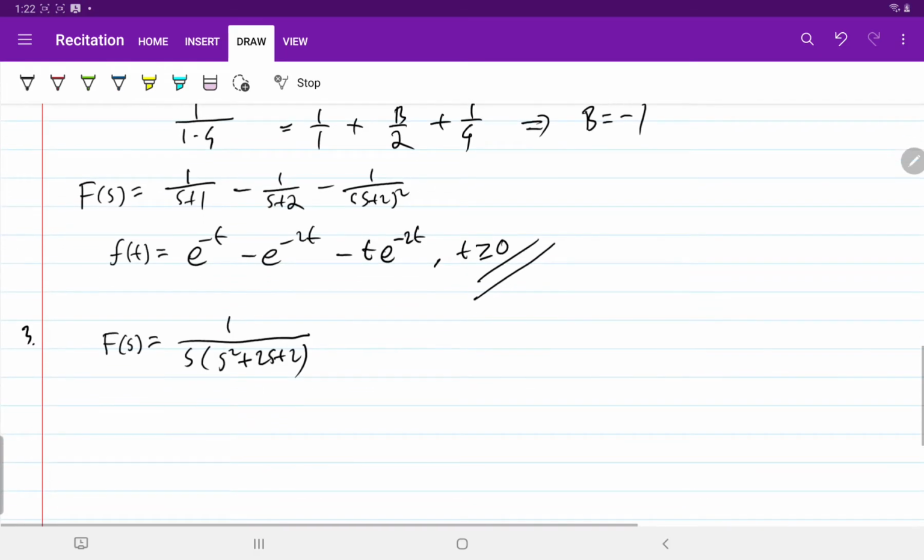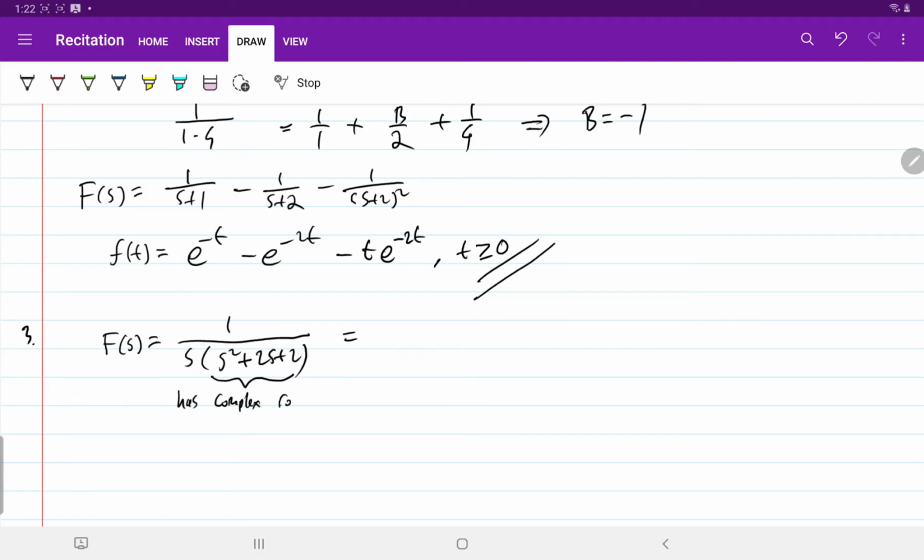For the partial fraction expansion, this term has complex roots, so you cannot separate them with real roots. For that case, one approach is to keep this polynomial s squared plus 2s plus 2 as one unit, so you do not separate them.